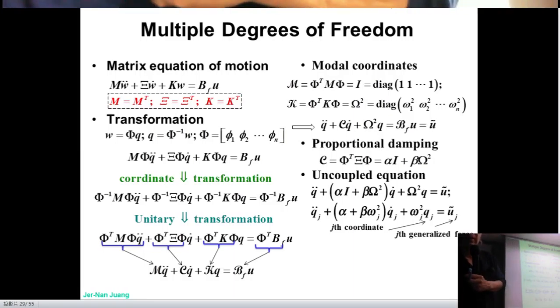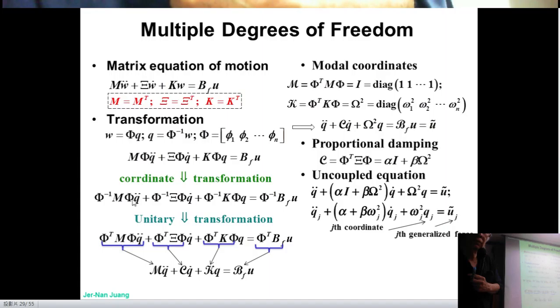Now if you transform, you substitute your W double dot with phi times Q double dot, and put that W into your original equation, M W double dot and so on.